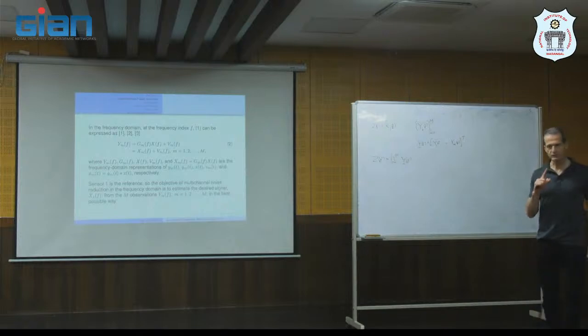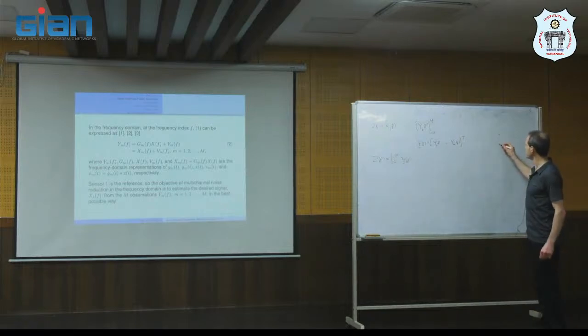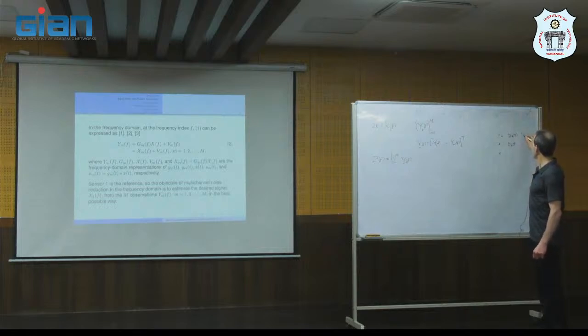What is the spatial information? It means that we have sensors, different sensors, Y1(t), Y2(t), okay, and so on. So in the frequency domain, for a certain frequency, we have Y1(f), and so on until YM(f).